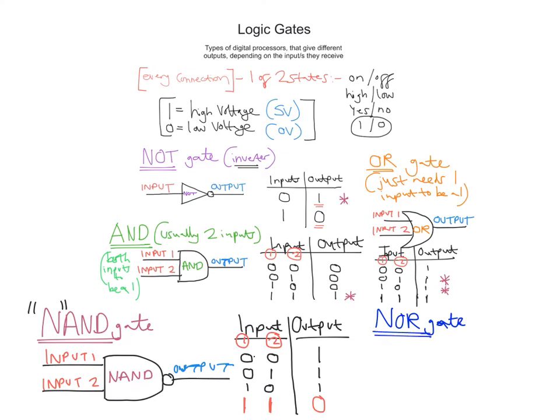So if we just number them, we've got the NOT gate, number 1, the AND gate, number 2, the OR gate, number 3, the NAND, number 4, and finally number 5, NOR gate. So NOT, OR, AND, NAND, and NOR are our main gates. And let's talk about the NOR.